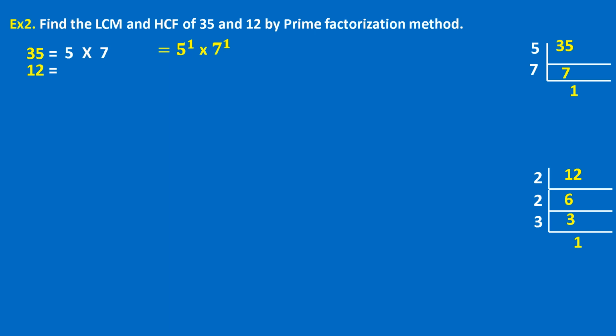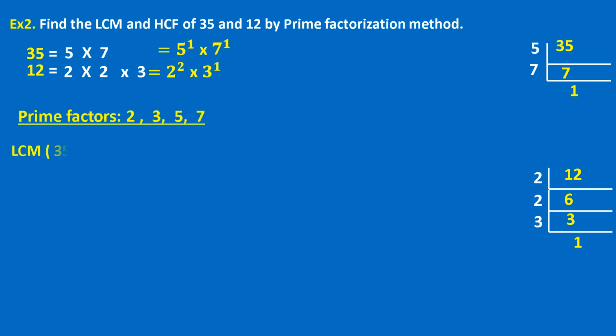Here 12 is expressed as a product of primes, 2 into 3. We express it as 2's are 2 and 3 is 1. So that's why we write the exponential form 2 square into 3 to the power of 1. Now here the prime factors are 2, 3, 5, 7.